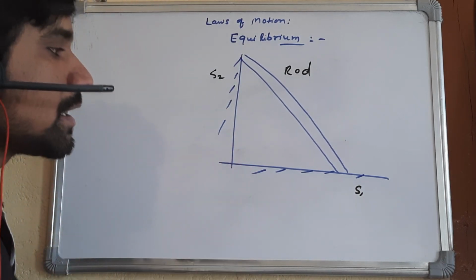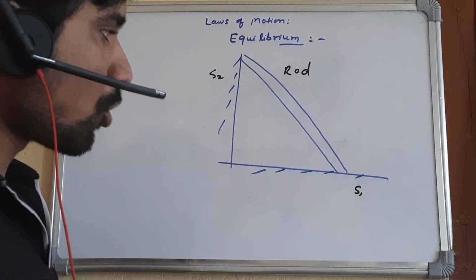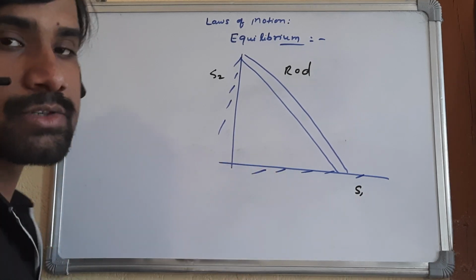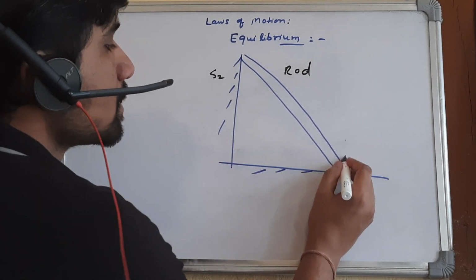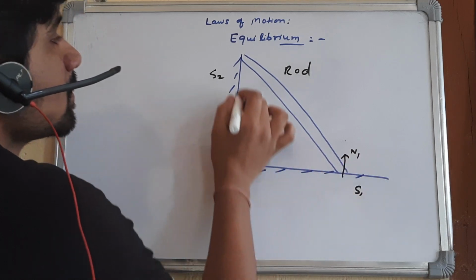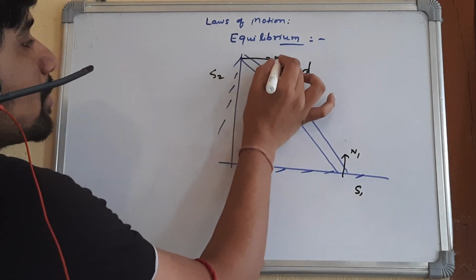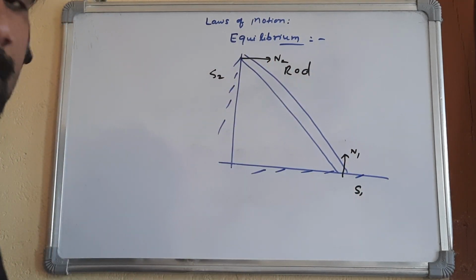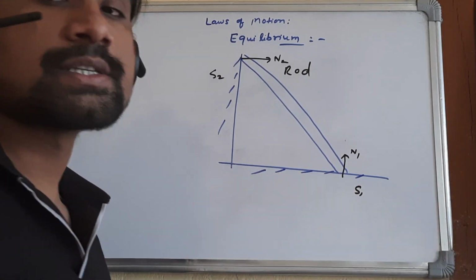So what are the forces acting on this rod? See, there are two contacts here, one from S1 and one from S2. So there will be two normal reactions. N1 is one normal reaction, N2 is the other normal reaction. You can see why the direction is perpendicular: a normal reaction is always perpendicular to the surface.